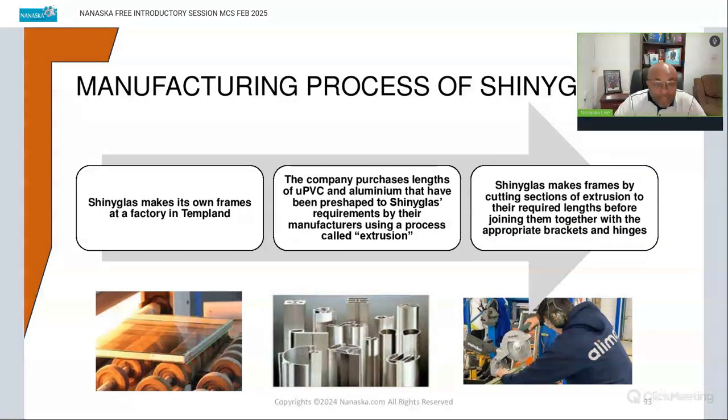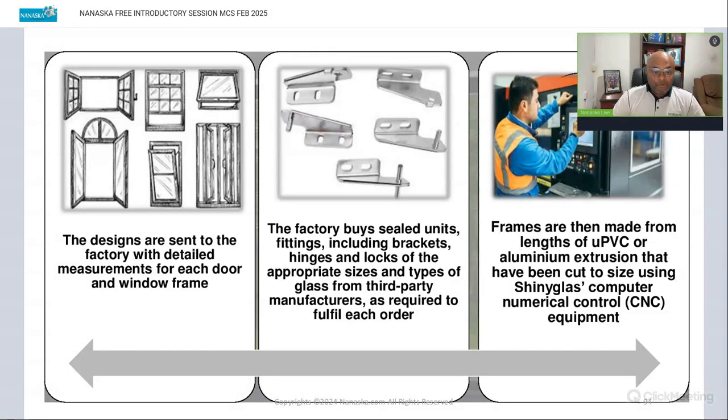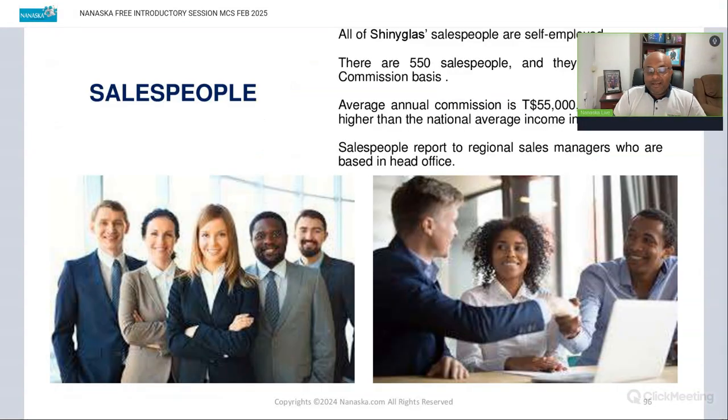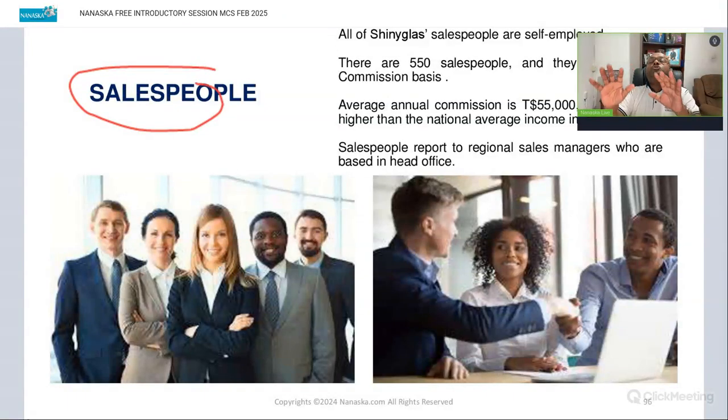Now, one of the other issues with us is we do manufacture, we do sell, we do install, but the beauty in our game is all the salespeople are outsourced.